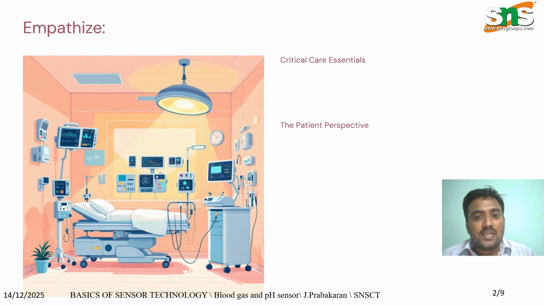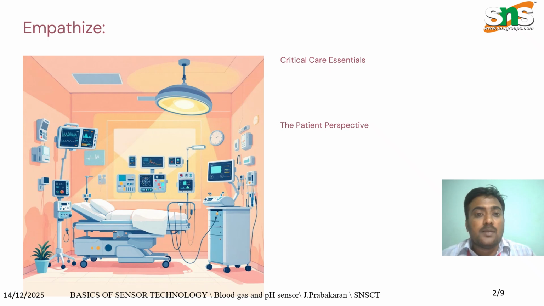In this stage, we have to understand the user need. Here, empathize means understanding the needs of doctors, nurses, and patients. Blood gas and pH sensors are used in critical care units, operation theaters, and emergency wards.